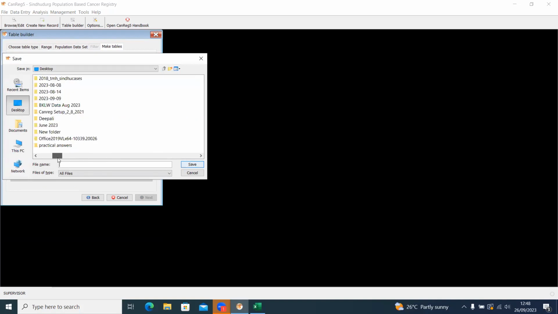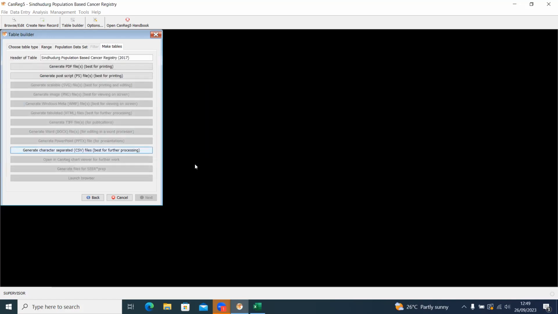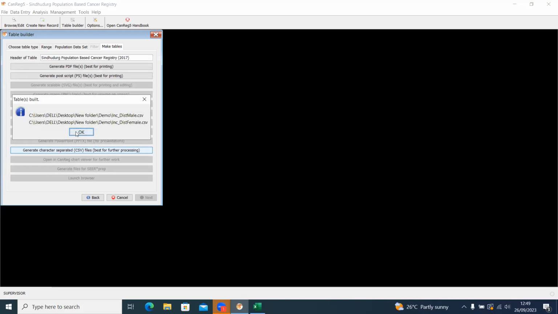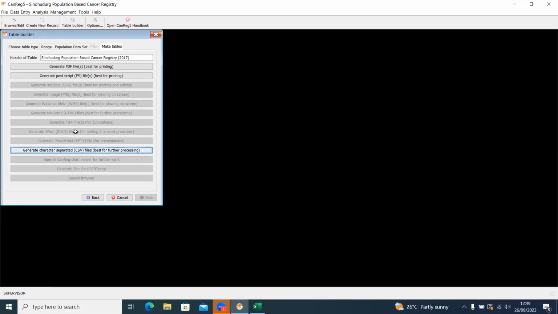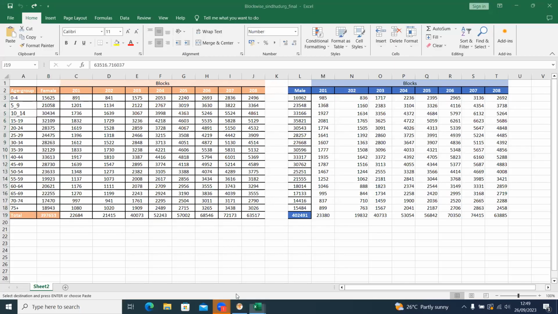I'll select the location for the CSV file. This is the district, the complete area calculations that we are doing right now. Save. So I have two files which have been generated by the Canrich file.